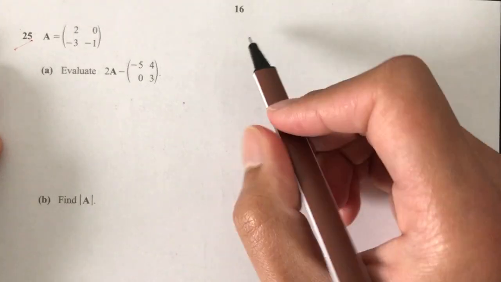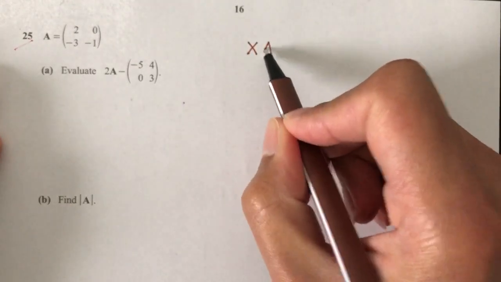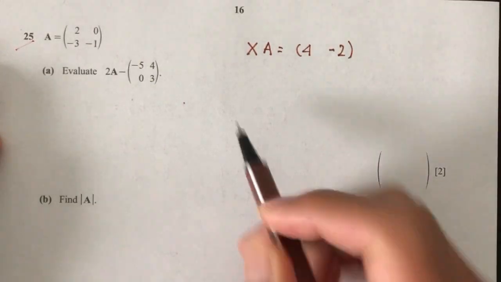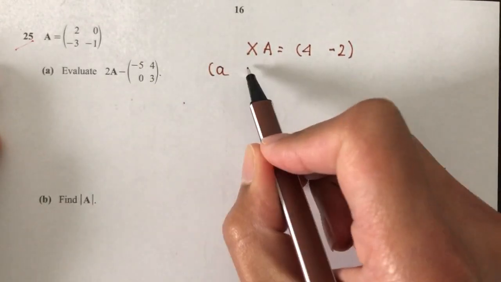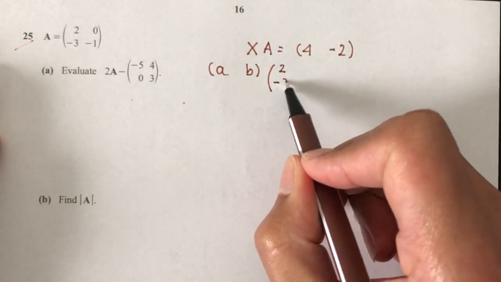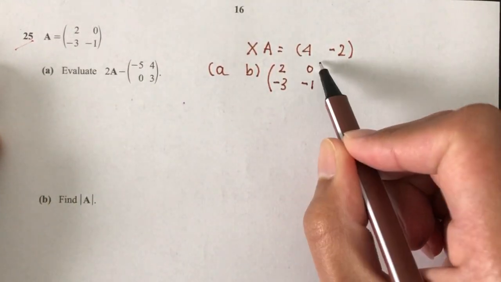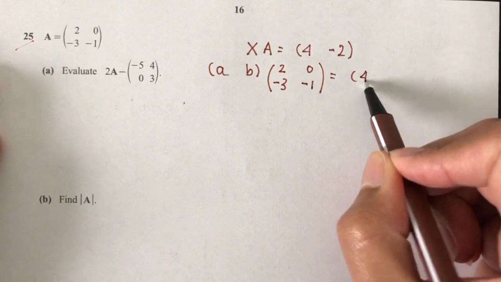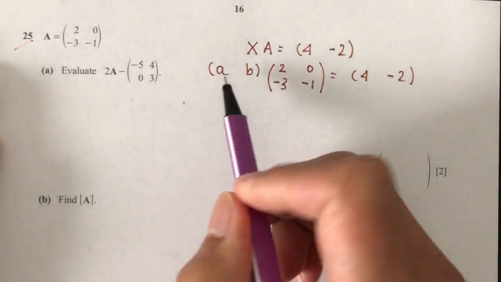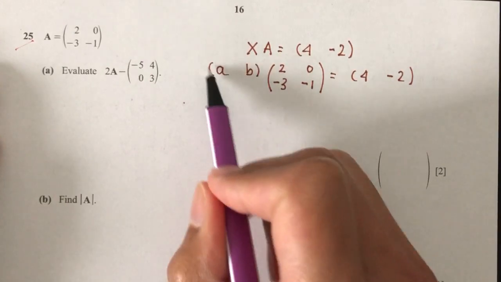So let's write this here. X times A is equal to [4, -2]. X we don't know, so we call it [a, b], and A has been given to us as [[2, -3], [0, -1]], equal to [4, -2]. Now we have to solve this. Matrix multiplication is rows by columns.